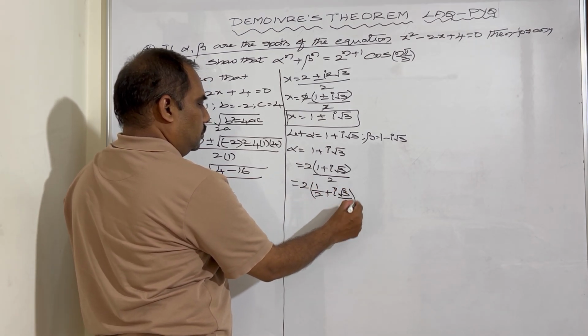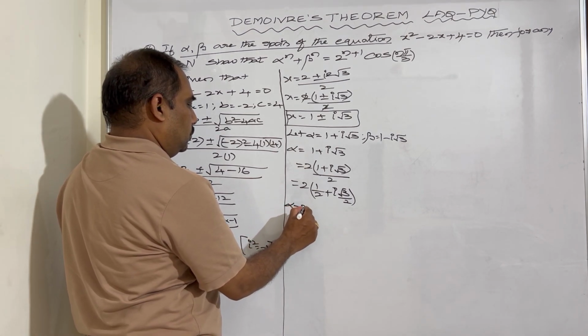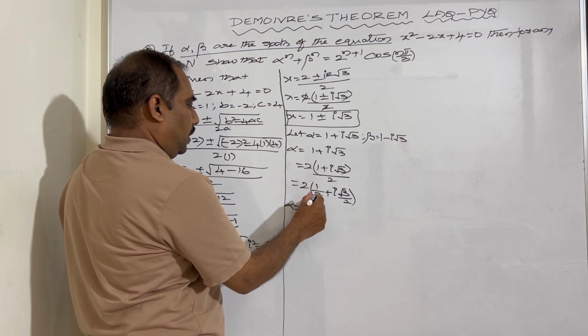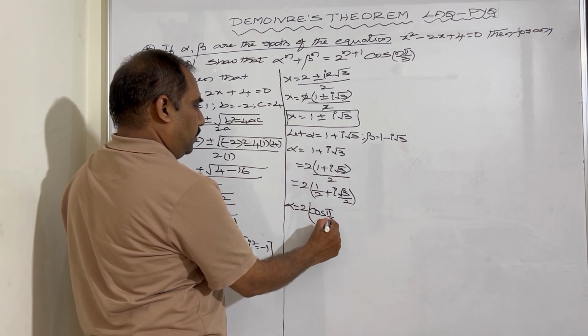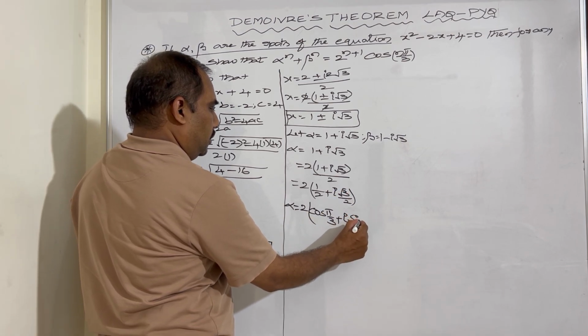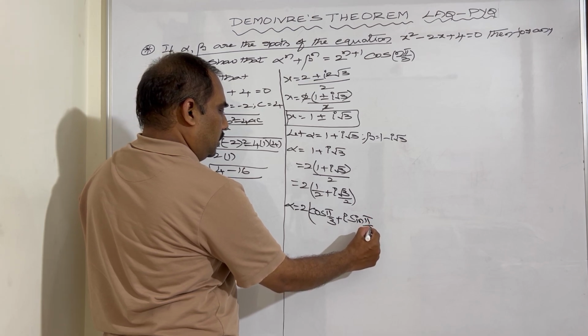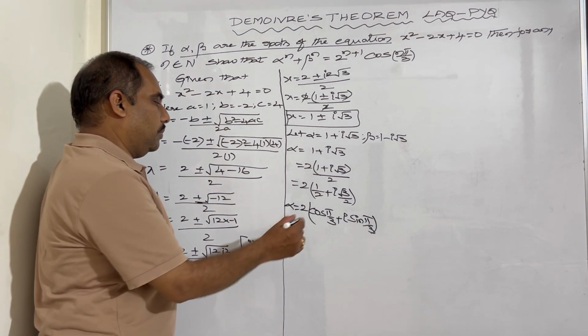So alpha is equal to 2 into, in terms of cos we can write this as cos 60, that is pi by 3, plus i into root 3 by 2 in terms of sine. Sine 60 we know that. So this is 2 into cos pi by 3 plus i sin pi by 3.